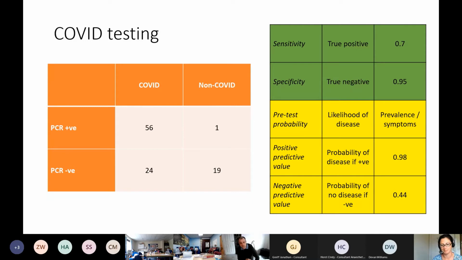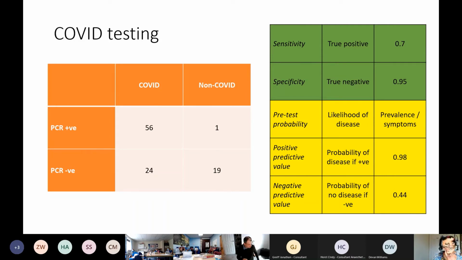Now there's a really important caveat to this, and that's this pre-test probability stuff. There's a thing called Bayesian analysis, and I think that's going to be mentioned in one of the papers presented later. But essentially, what it's saying is the prevalence of the disease or the state of your symptoms, so how confident are you that someone does or doesn't have COVID before you do a PCR test?